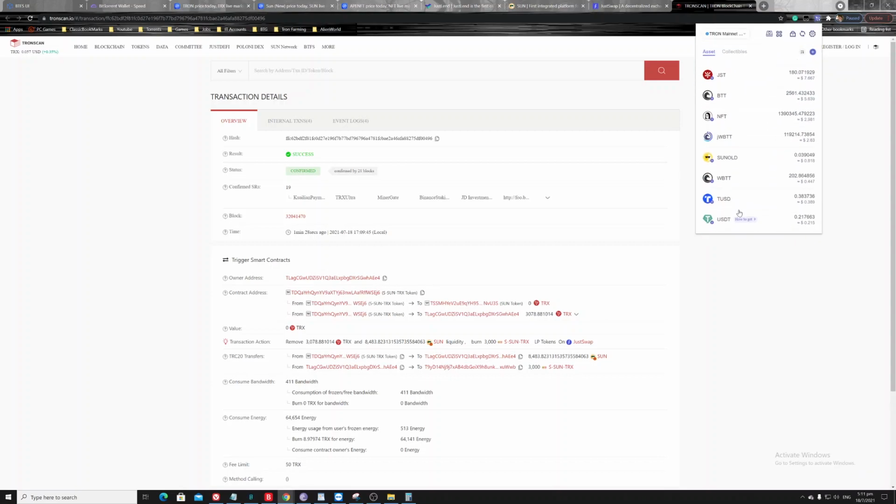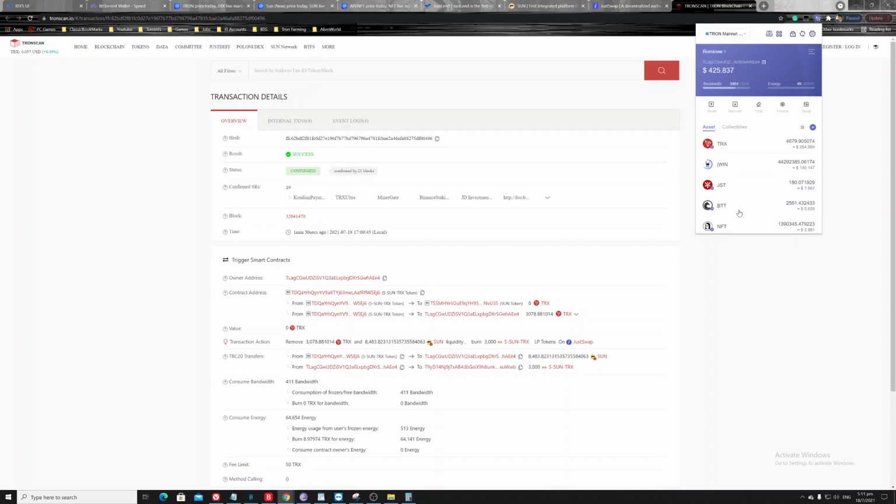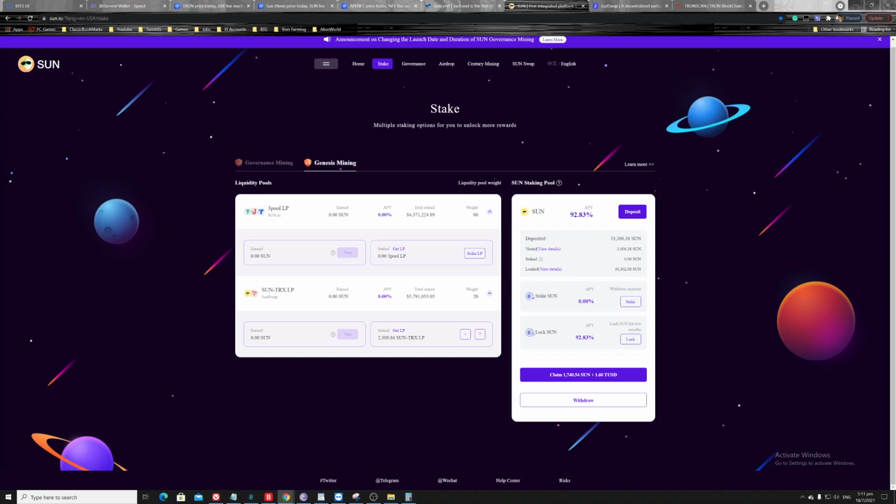This is the total value of what I have right now, which I need. All right, so this is how you withdraw your liquidity pool. I hope this helps, as some people might need this tutorial.